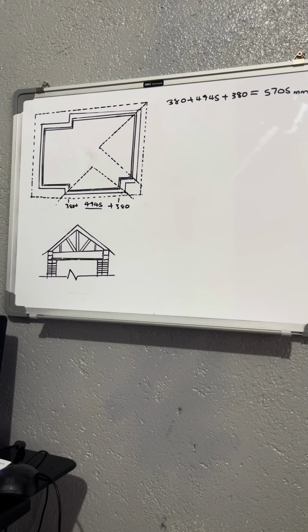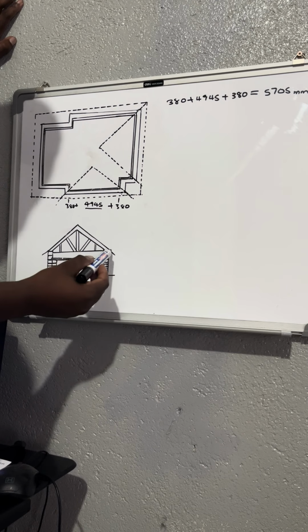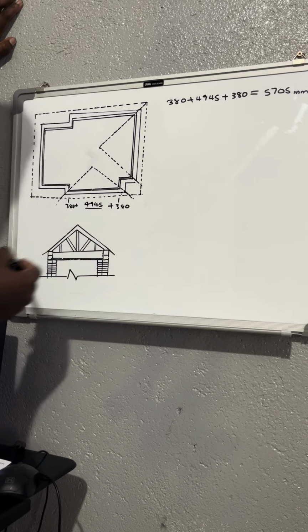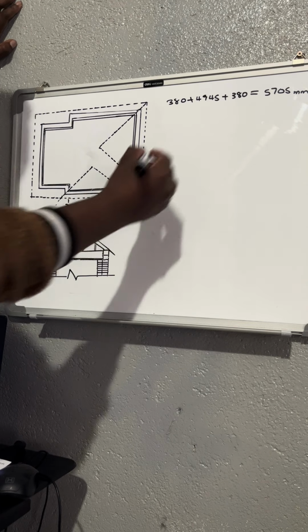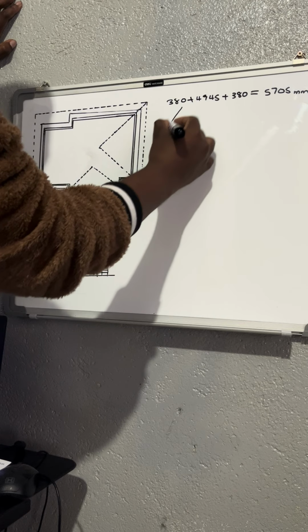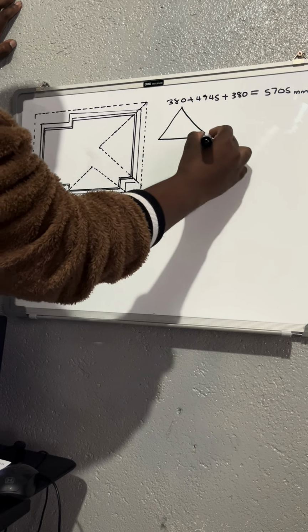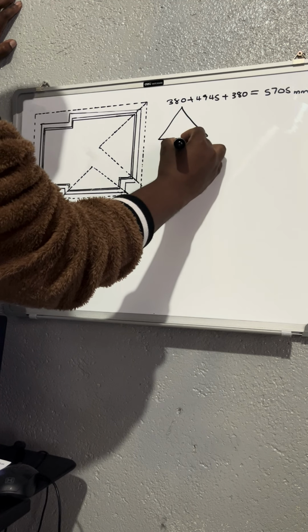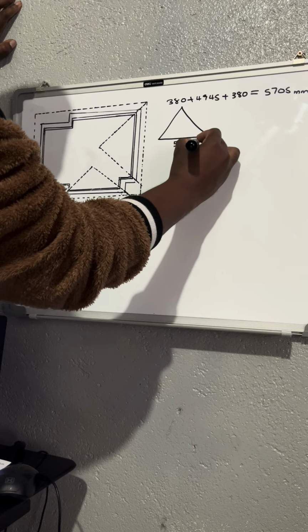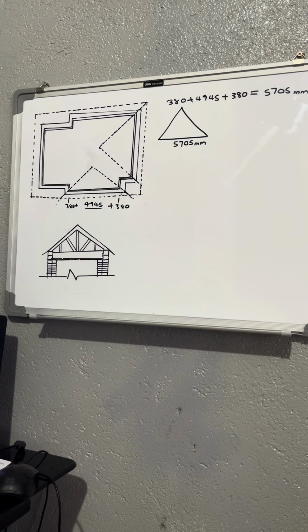Now if we're looking at this portion, the triangular part at the top, we can draw it and say we have something that looks like this. Then here we have our 5705 millimeter.